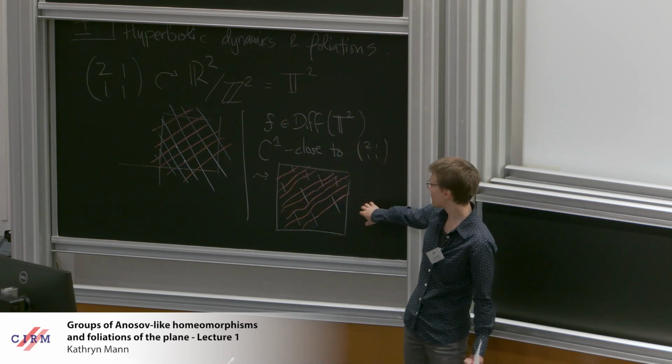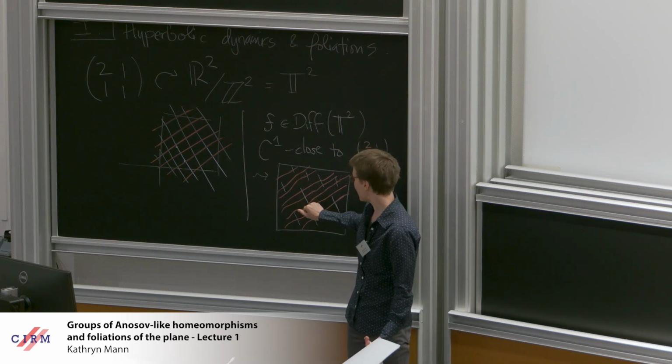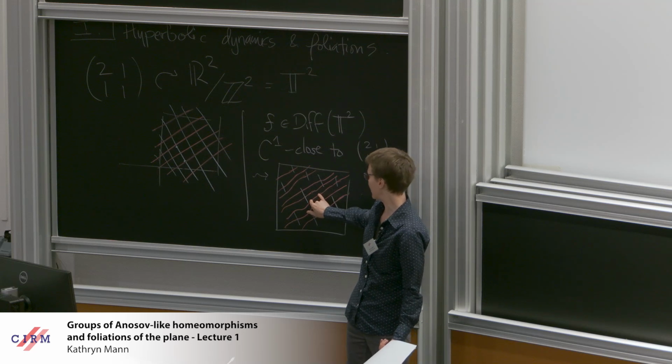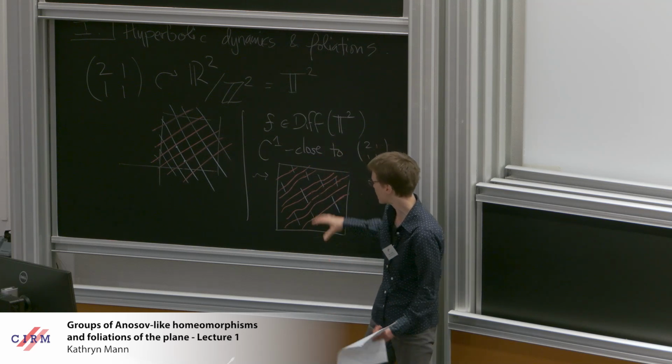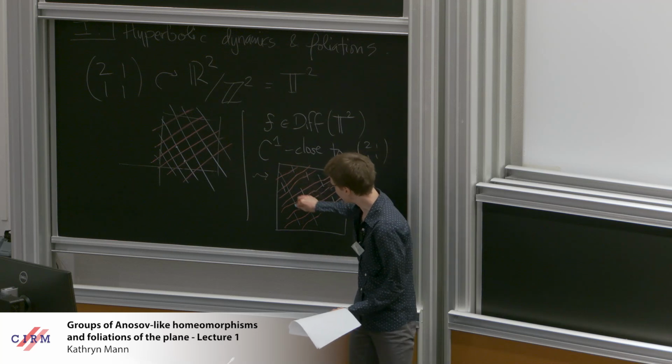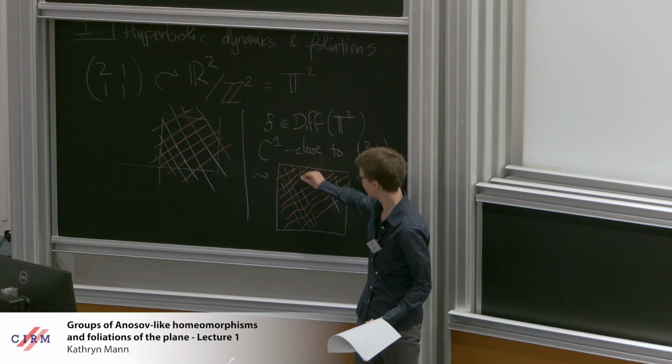And these behave in the same way, because I've cooked them up this way. That one consists of points where if I iterate my map, they get further and further apart. The distance between them grows. And the other one consists of points that under iteration approach each other.